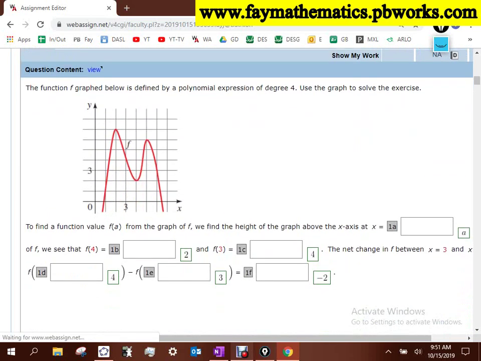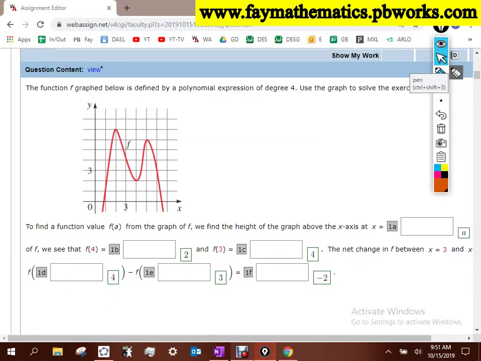All right, so it says, to find a function value f of a on the graph, we find the height of the function above the x-axis at x equals a. So that's saying basically if I want to find the height of the graph at x being 2, that value would be f of a, which would be f of 2.